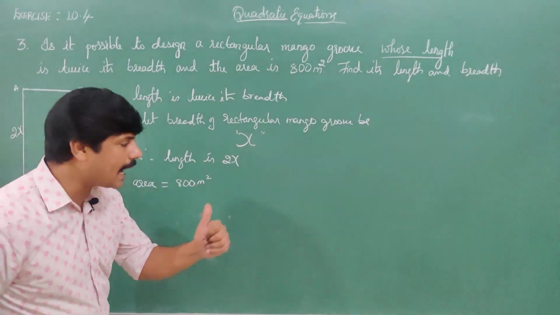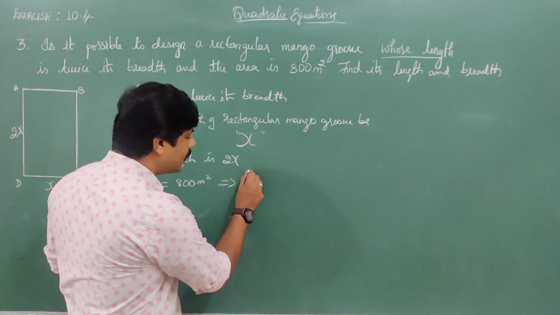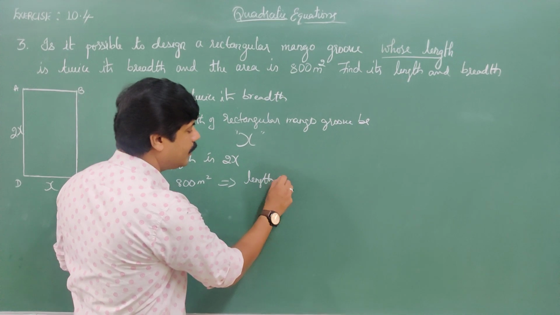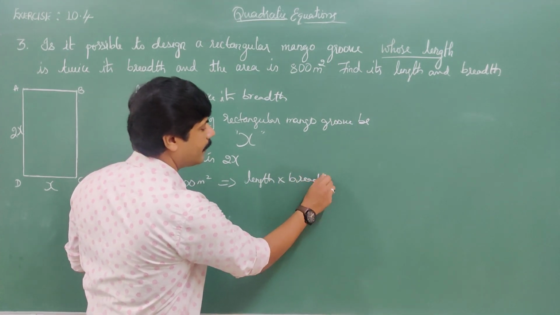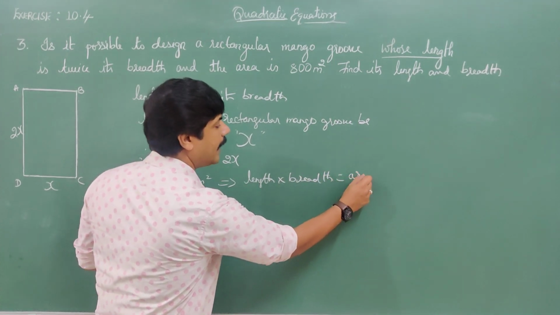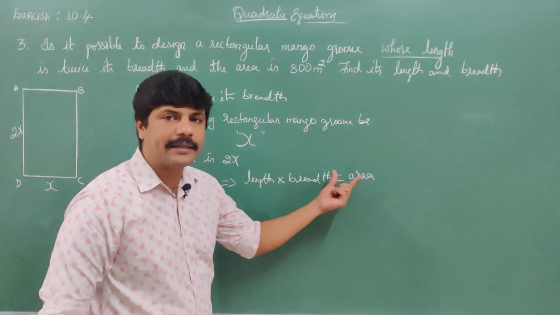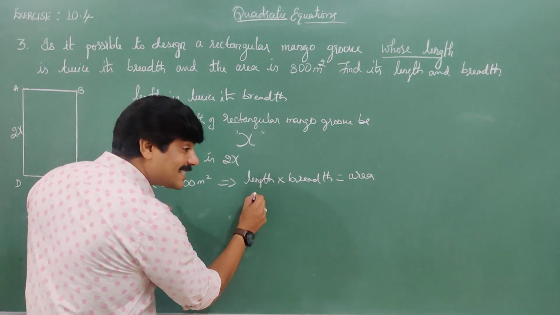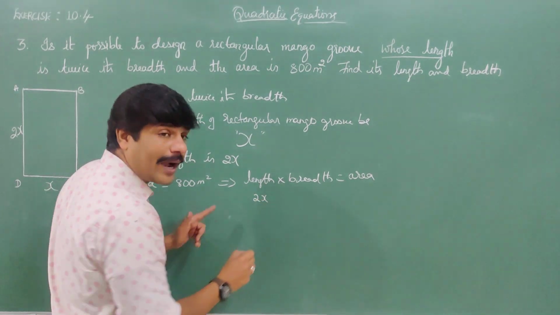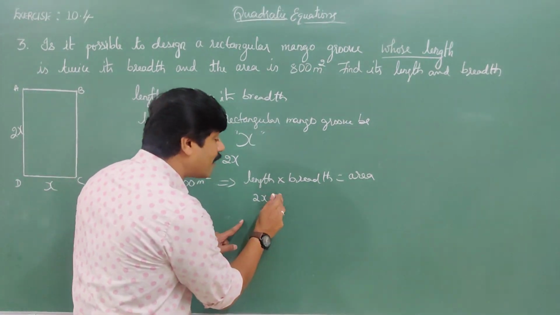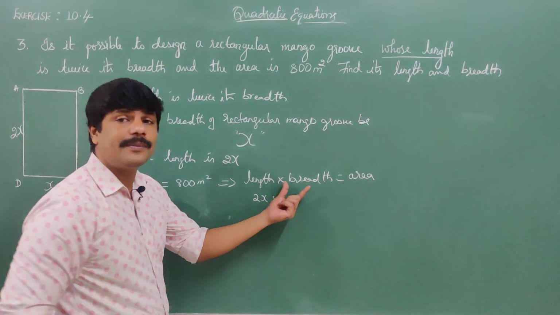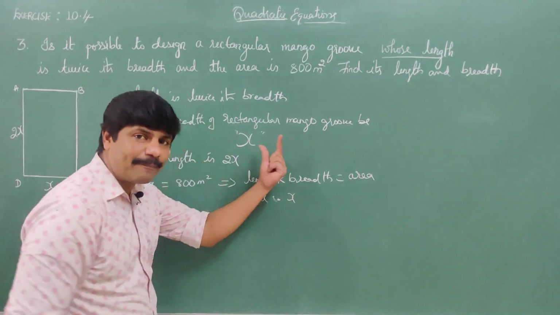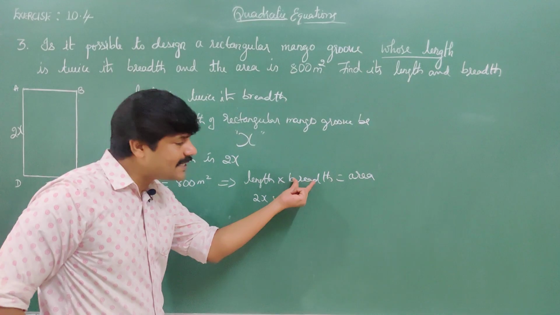What is area? Area is length into breadth. What is the length? We have taken it as 2x, because we assumed breadth as x, and the length is twice the breadth.